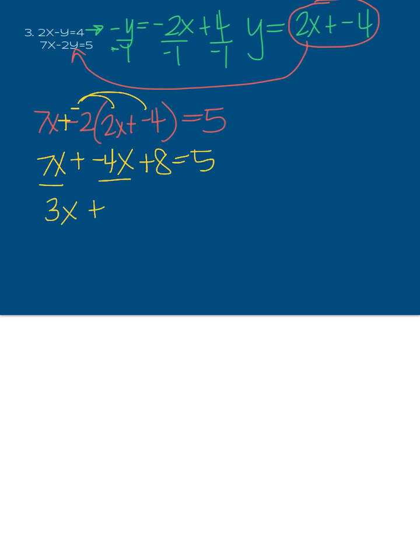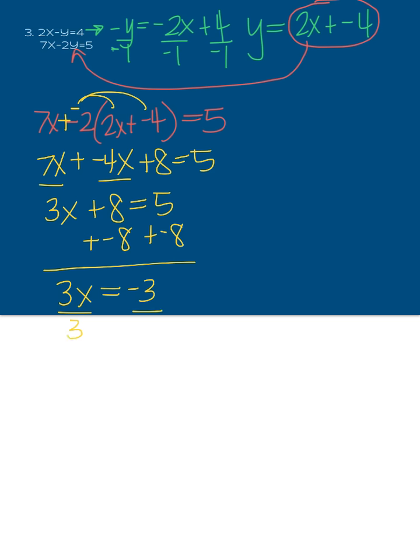So 3x plus 8 equals 5. Add a -8. And you get 3x equals -3. Divide by 3. So x equals -1. So there's the first part of my ordered pair, -1.